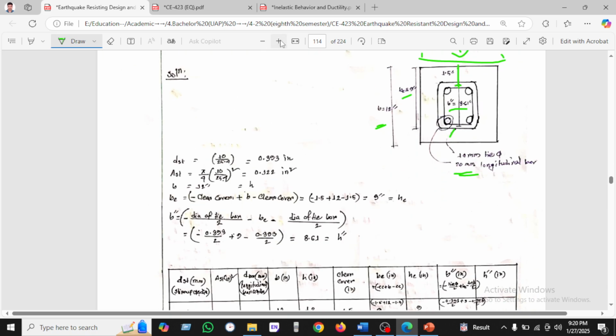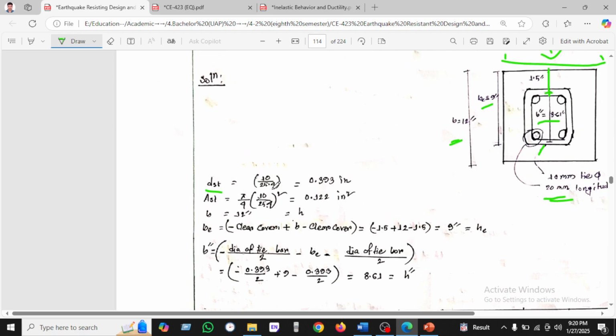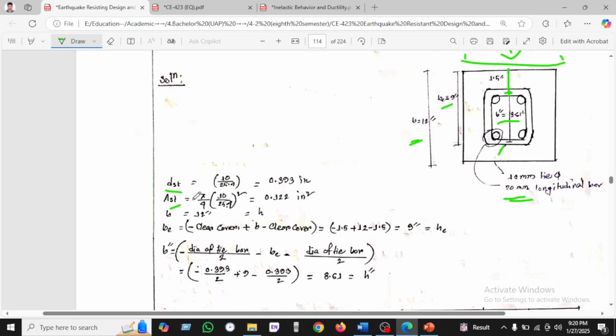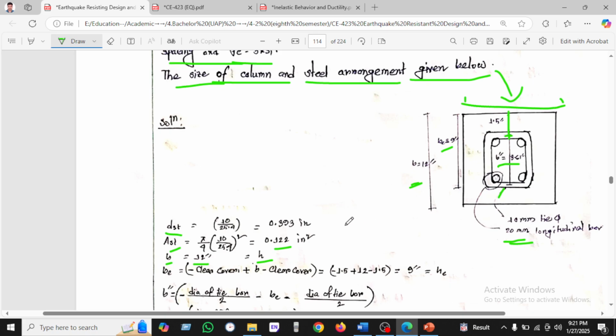So let's see, DST we have found 10, and it is converted into inches, and AST will be pi by 4 into D square, and found 1.22 inches square, and B is found 12 inches, and A is also 12 inches. Both are the same.